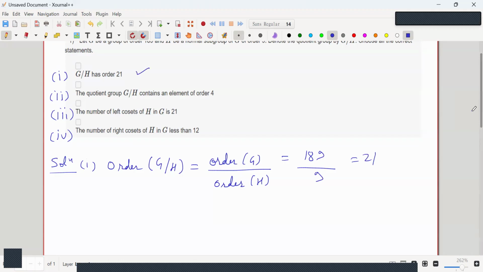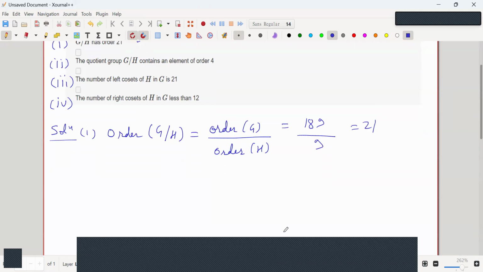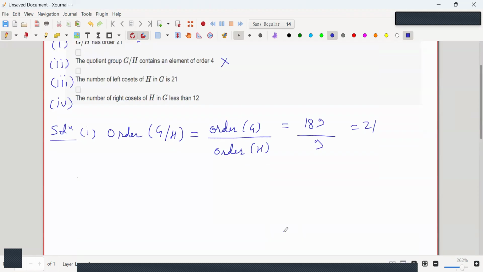What about the second one? The second one is not true. 4 doesn't divide 21. As an application of the Lagrange theorem, we know that the order of an element divides the order of the group.